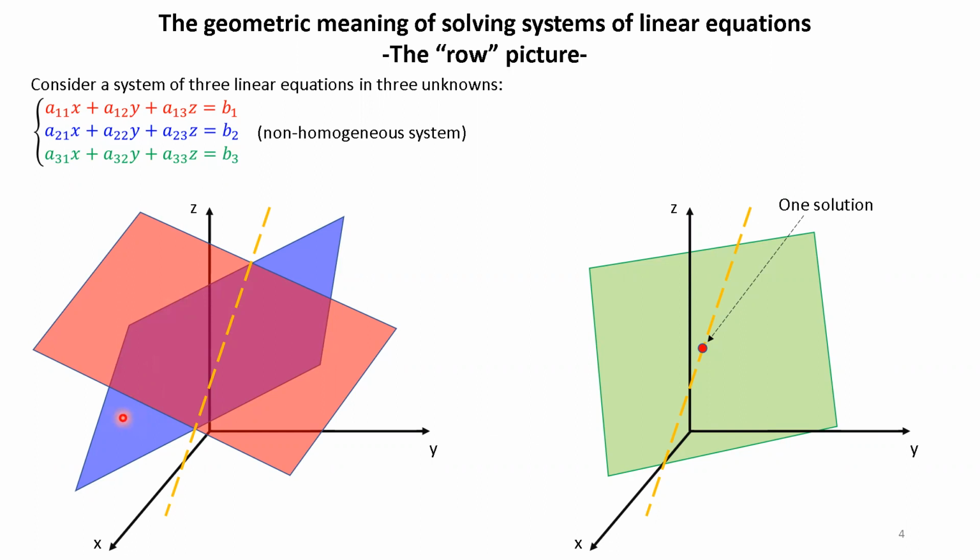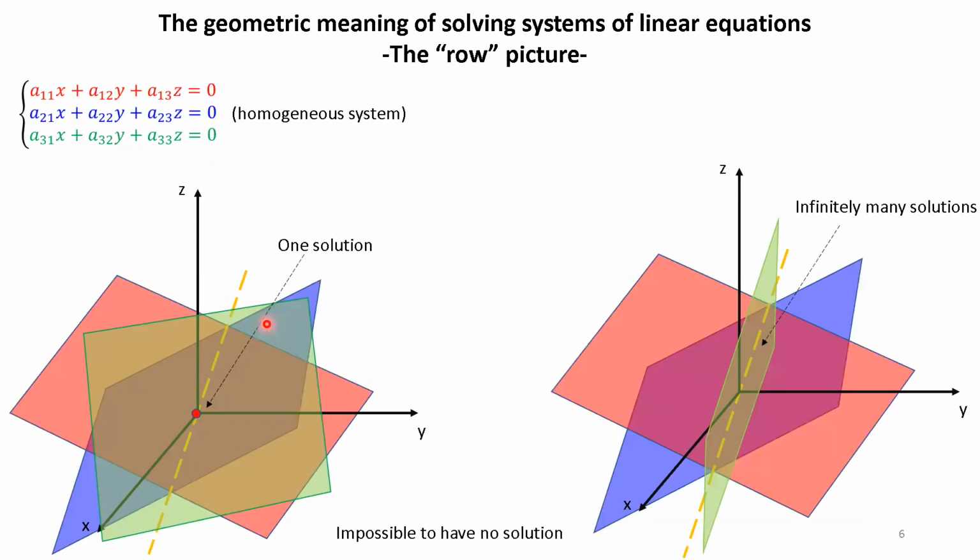Then in this case, even just from the first two equations, you know that it's not possible for you to have a solution at all. And you may also find a case where you look at the first two planes and they are parallel and exactly overlap with each other. Then just from the first two planes, you see that in this case you have infinitely many solutions.